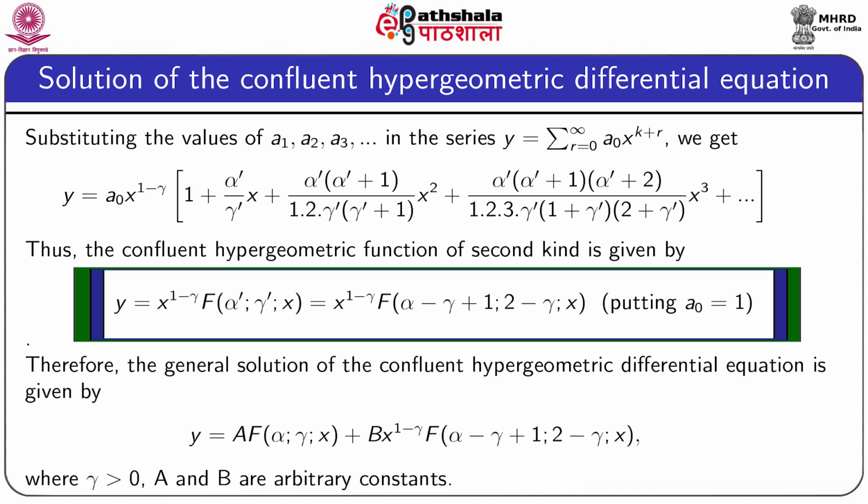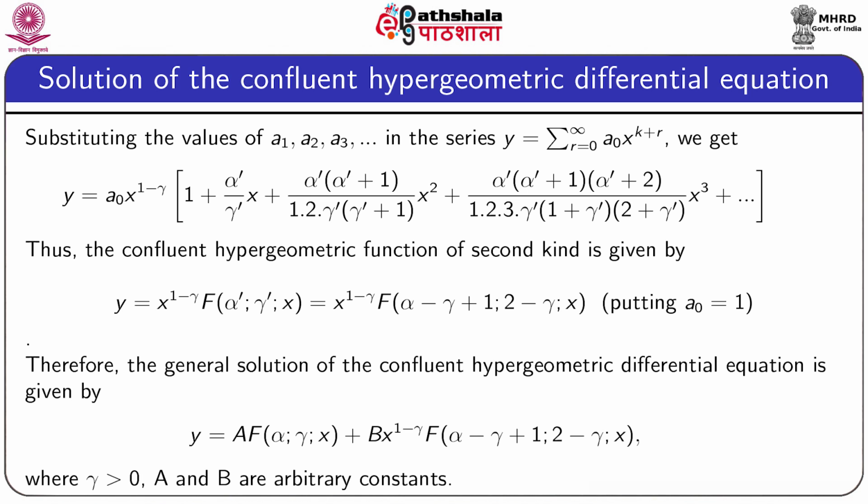We now substitute the value of alpha dash and gamma dash, and also we put a0 equal to 1, and we get the confluent hypergeometric function of second kind as y equal to x to the power 1 minus gamma F(alpha minus gamma plus 1, 2 minus gamma, x).